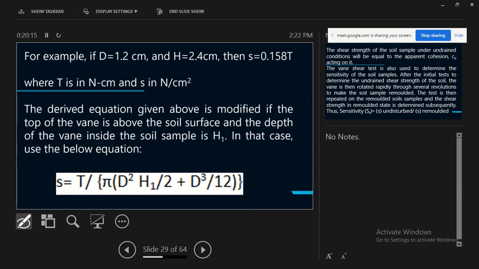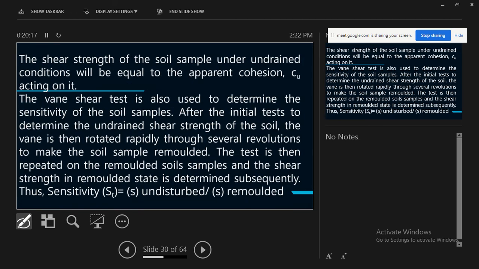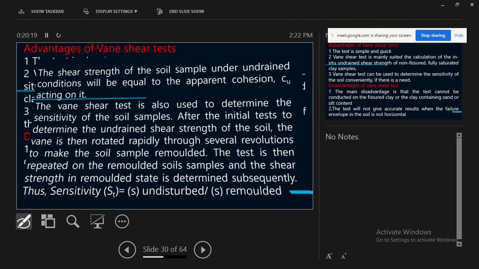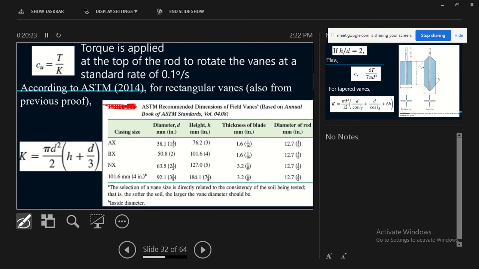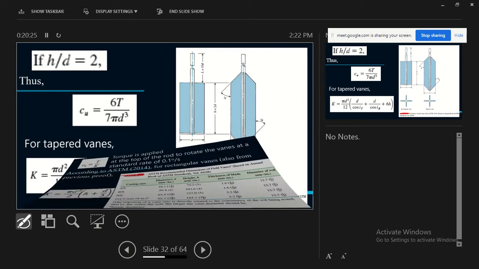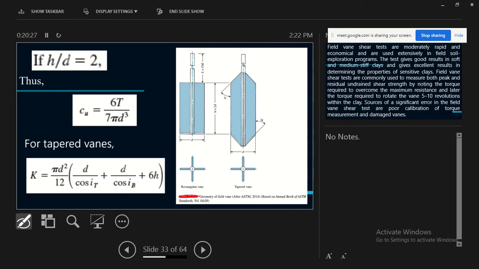Now the vanes can be tapered. For tapered, it's a little more complicated.